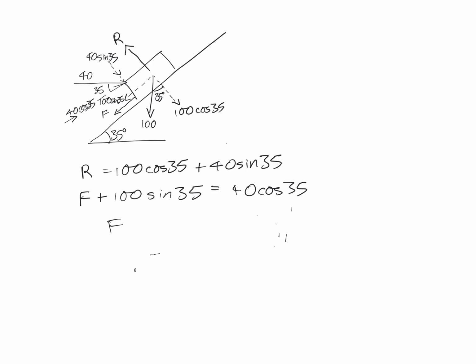Okay, so F equals 40 cos 35 minus 100 sine 35, which is minus 24.59. Therefore, friction is 20.6 newtons up the slope.